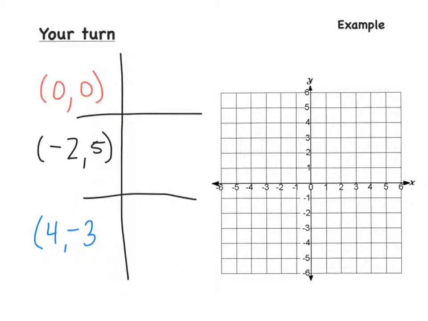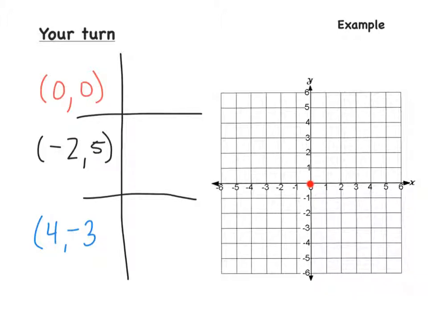Alright, so now I want you guys to try it yourself. Pause the video, try it. Unpause the video when you want to see the way that I have done it. Alright, so let's try this 0, 0. Always start at the origin when we are starting to graph a point.